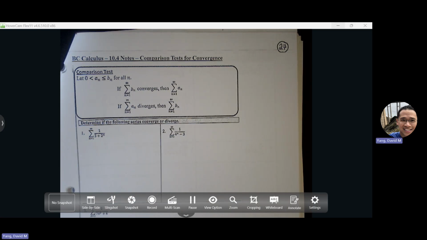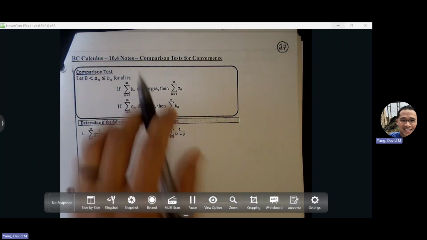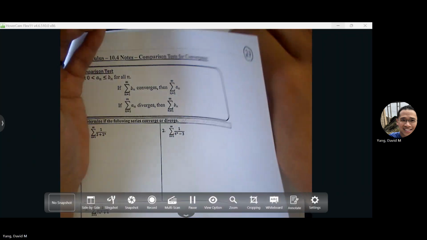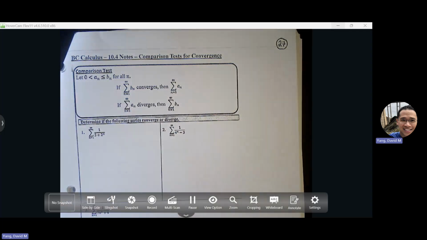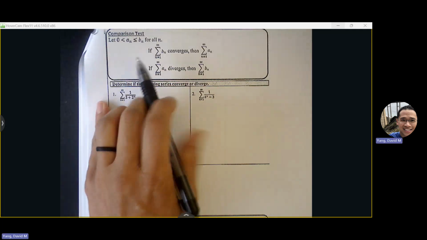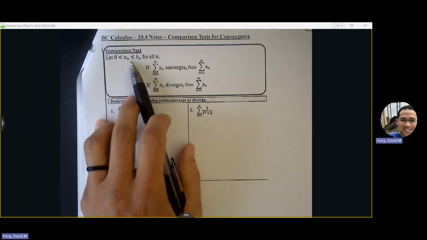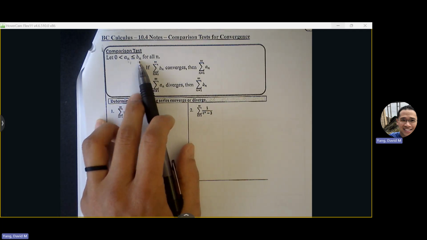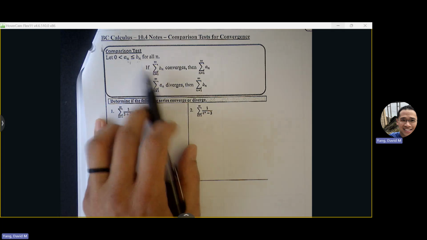But the comparison can only work a certain way. So we have two tests here. You have the limit comparison test, and then this direct comparison test. So let's say we have a sub n and b sub n, and we know for sure that a sub n is less than or equal to b sub n.